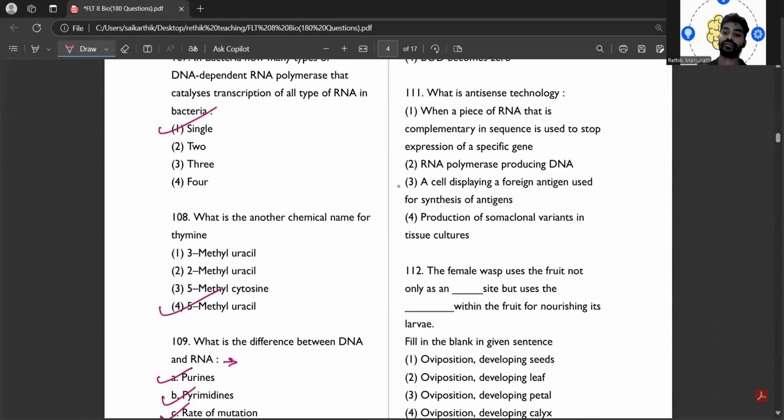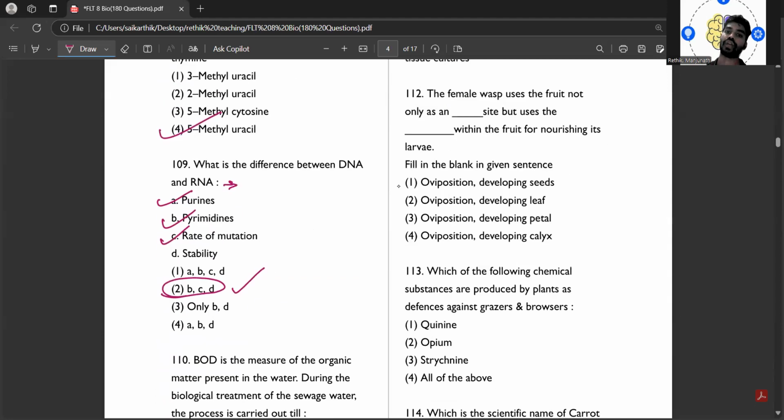Now coming to 111. What is antisense technology? In antisense technology, a piece of RNA that is complementary in sequence is used to stop expression of a specific gene. So this is the correct one. 112, the female wasp uses the fruit not only as an oviposition site but uses the developing seeds within the fruit for nourishing its larvae.